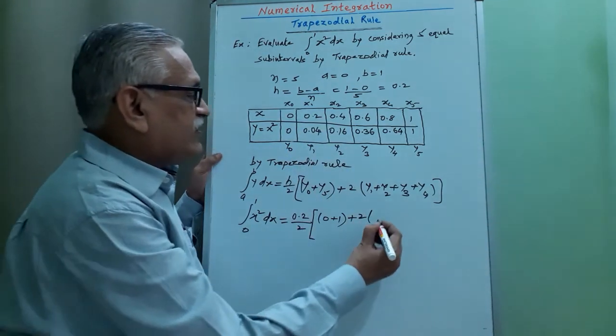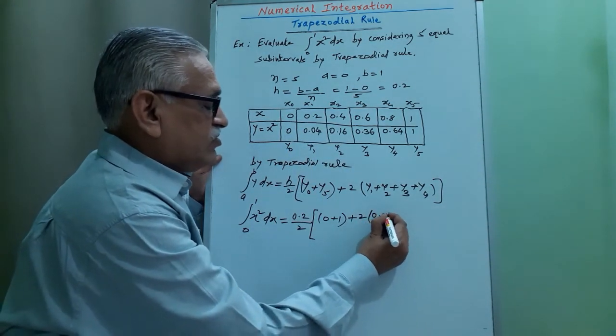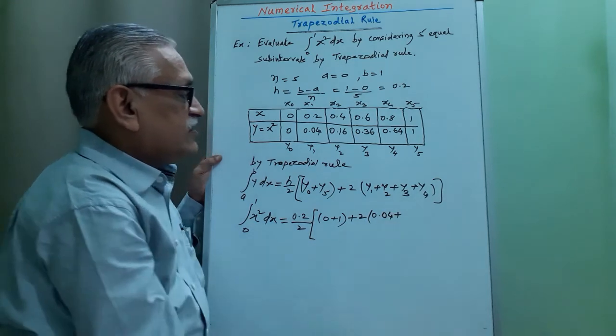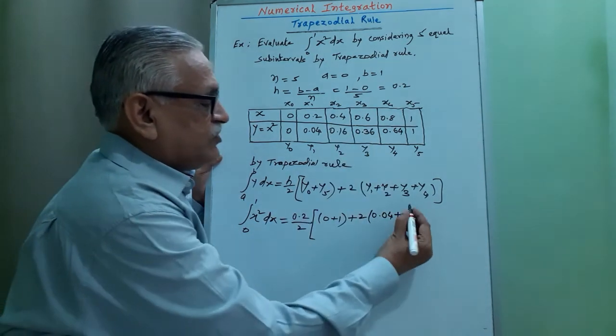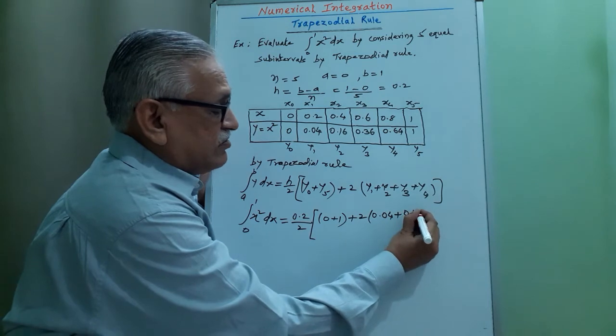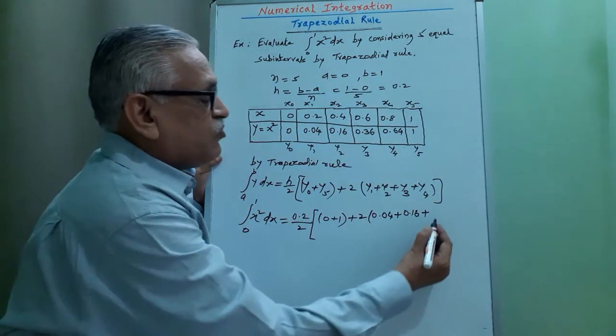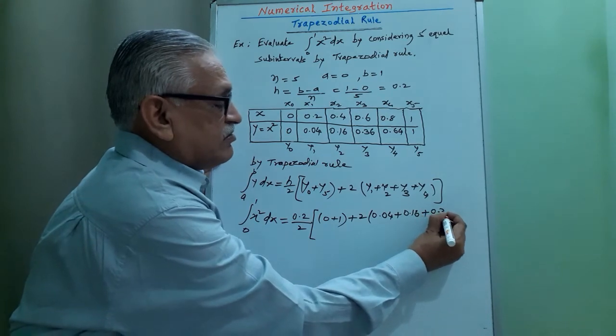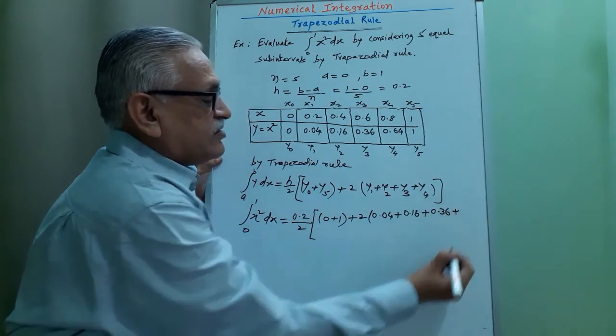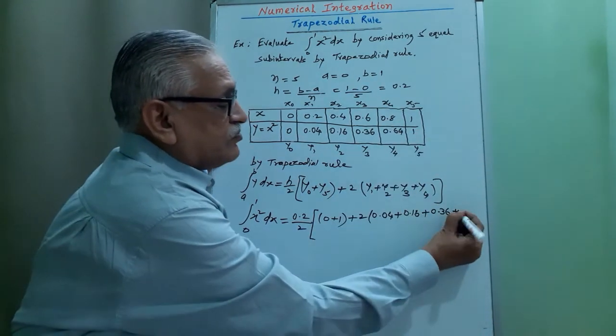Remaining values are y1 0.04 plus y2 0.16, next y3 0.36 and last 0.64.